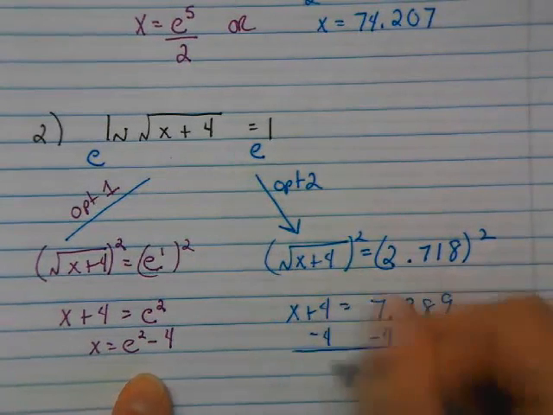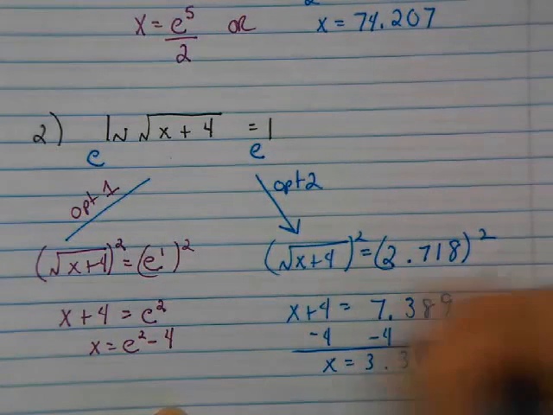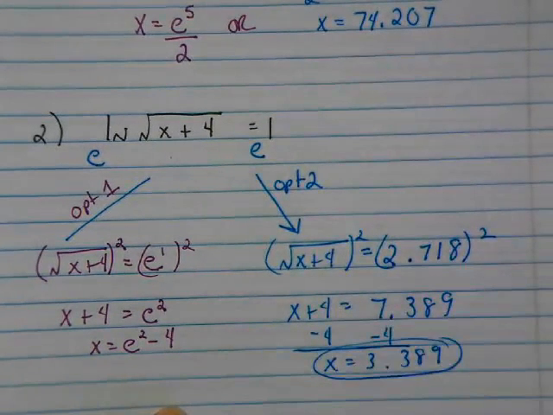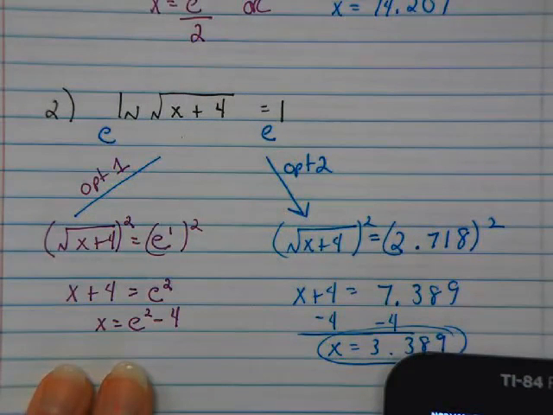Alright, let's see how close we were. Type e to the second power. Okay. My calculator's being silly. Let me turn it on again. Alright, e to the second power minus 4.